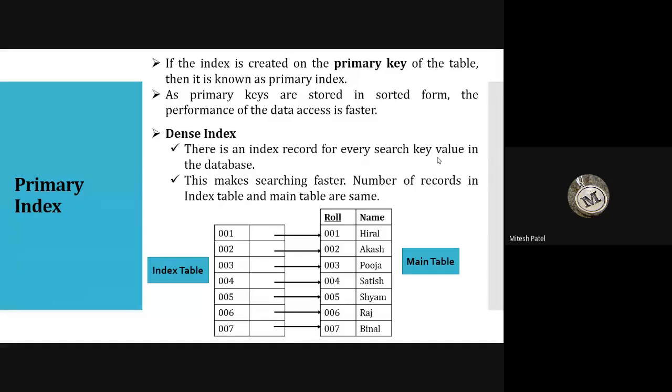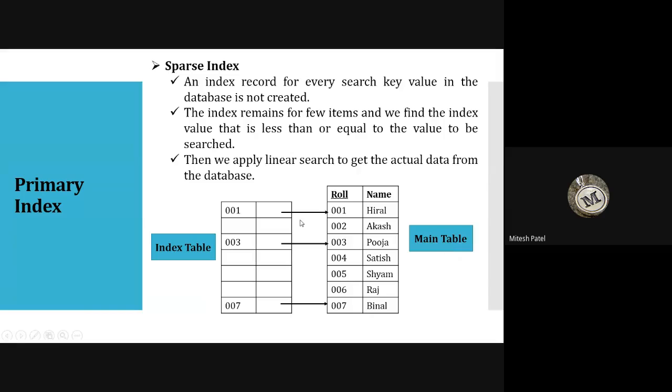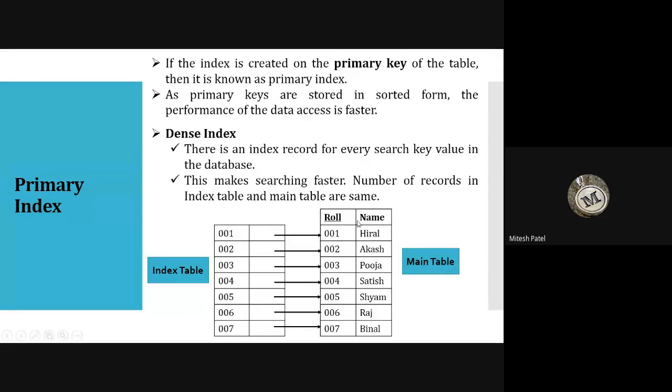Let's see dense index. So in the dense index, a record for every search key value in the database is present. So suppose this is our main table, roll number and name. So in an index table we will get the index for each and every search key.